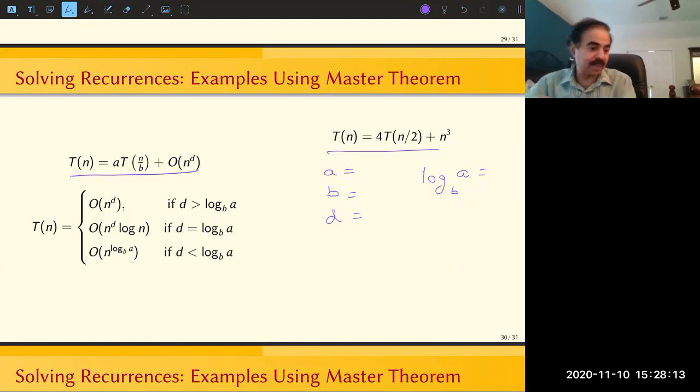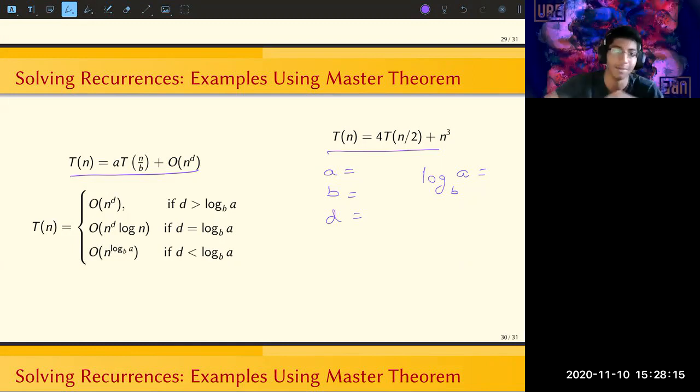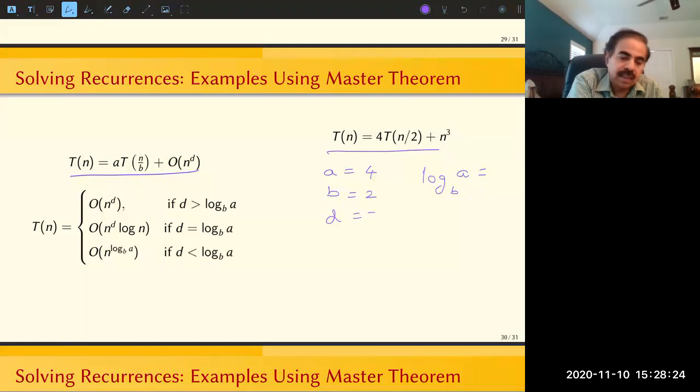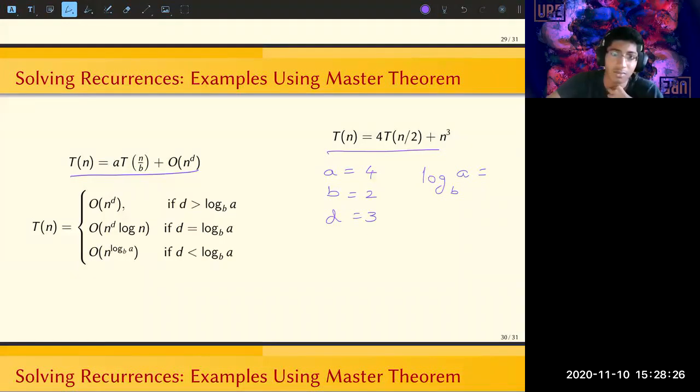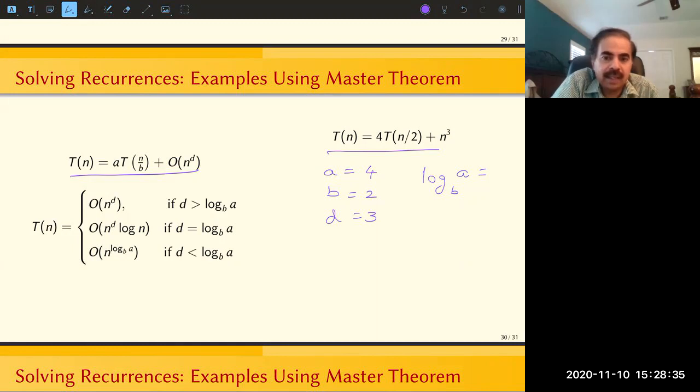Well, you can answer. What is A here? A is 4. B, 2. And D is 3. And what is log A to the base B? Well, what power of B will give you A? 2.